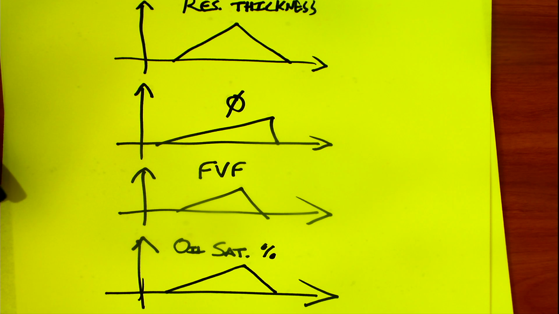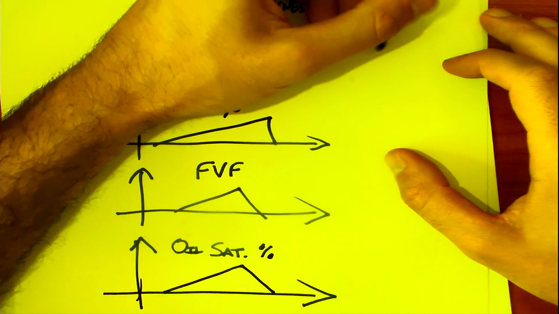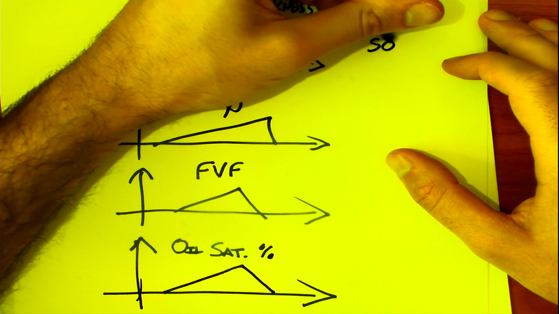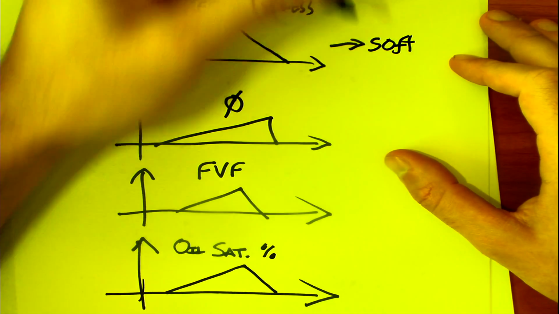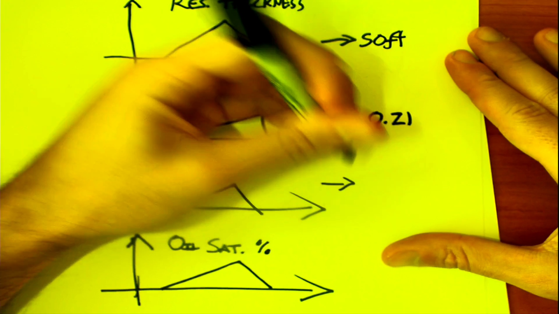So I can form all these distributions based on data that I've acquired through modeling or sampling or whatever. And then like we did this past week, I can sample all of these, so I can get some numbers out. So say one sample is 50 feet, another sample that's 0.21.